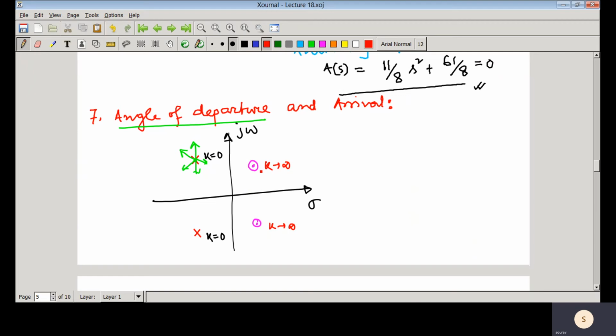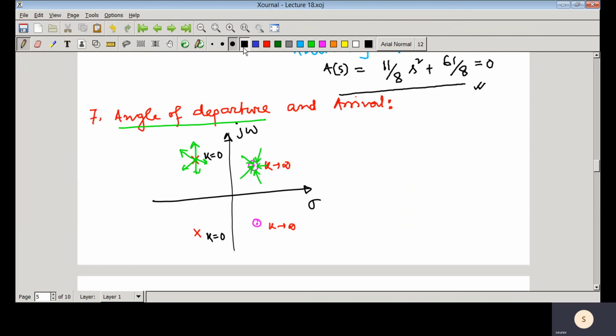When they are complex conjugate zeros, the same thing happens, just reverse to the open loop complex conjugate poles: along which direction will it reach this particular zero. That angle is called the angle of arrival. Now we are going to discuss how to calculate the angle of departure and angle of arrival.